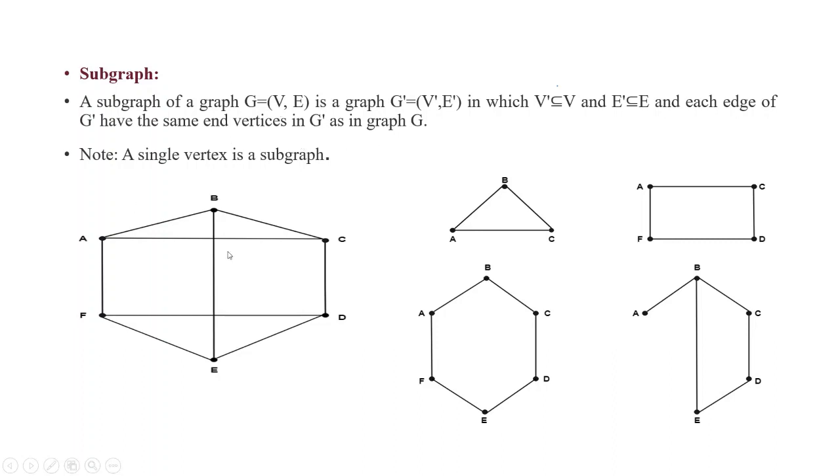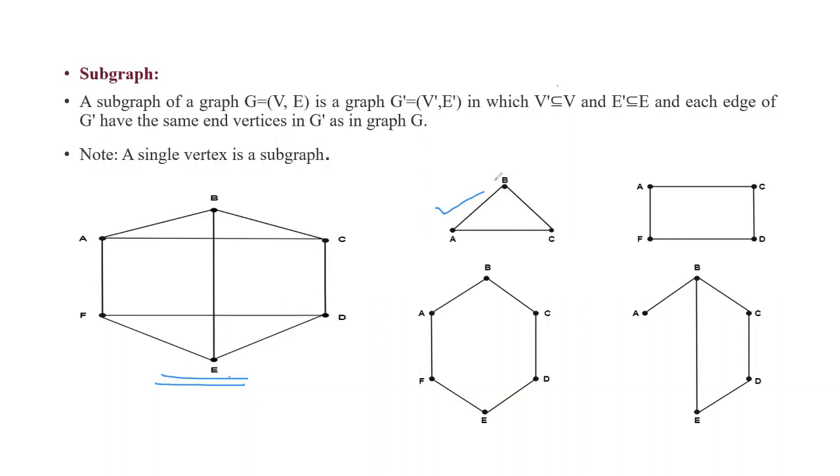So in a subgraph, you have to note one point: a single vertex is a subgraph of a given graph. So this is your graph. For this graph, a number of subgraphs can be obtained. So this A, B, C is one subgraph.